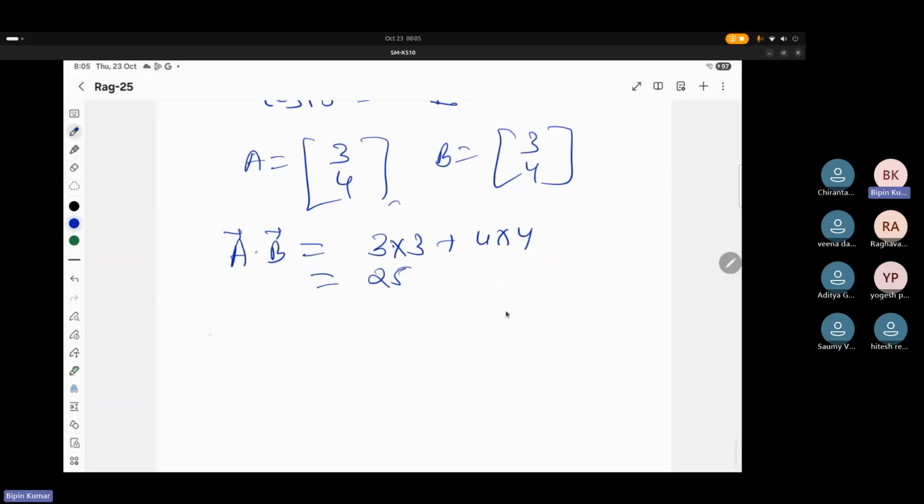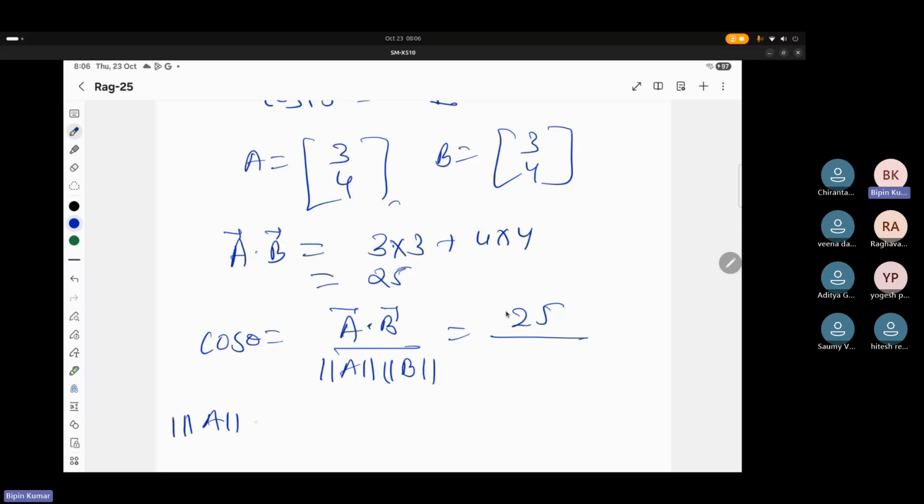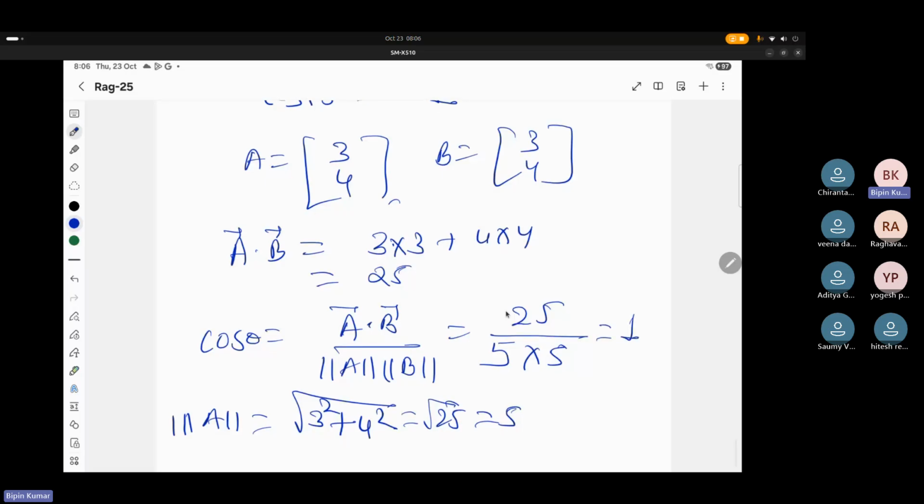Now if I calculate cos theta, it will be a dot b divided by norm of a, norm of b. Norm of a will be the square root of 3 square plus 4 square, that is the square root of 25, so it will be 5. Norm of b is also 5 because both are the same. So 25 divided by 25, its value will be 1.